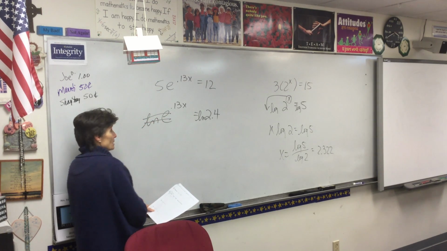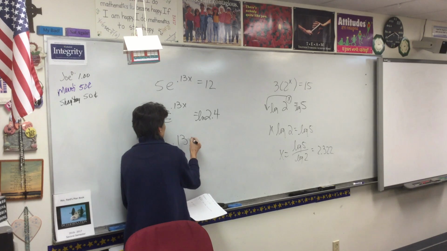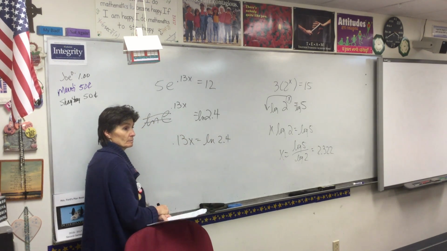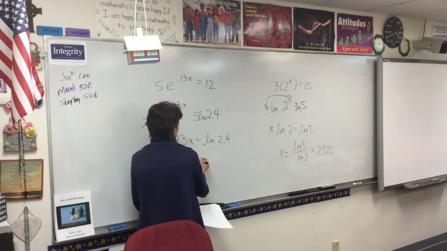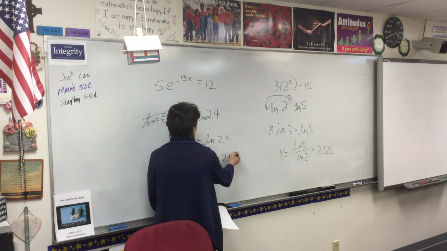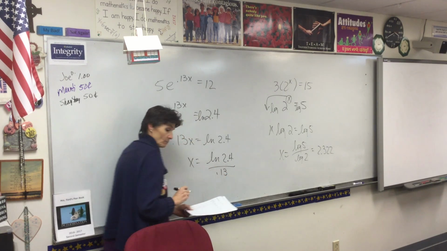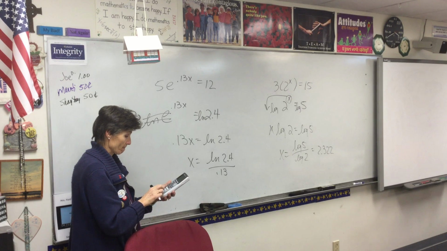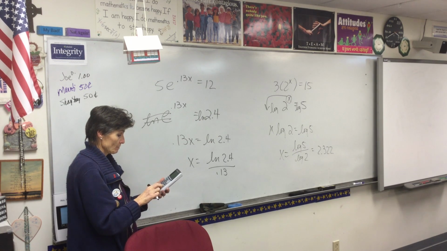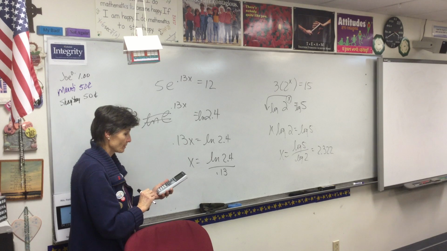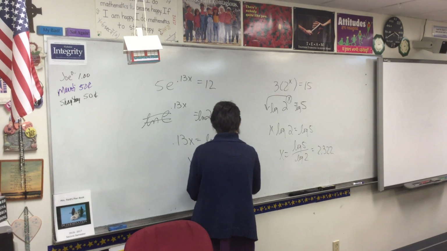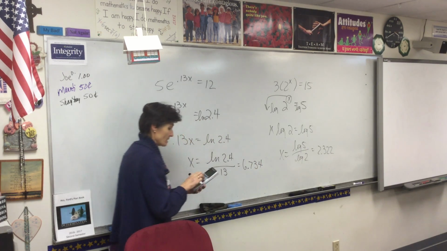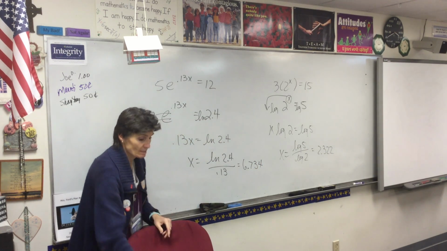So 0.13x equals ln 2.4, and x equals ln 2.4 divided by 0.13. 6.734. I'm sure you're right. You are. 6.734 if we're rounding off to the nearest thousandth, 3 decimal places.